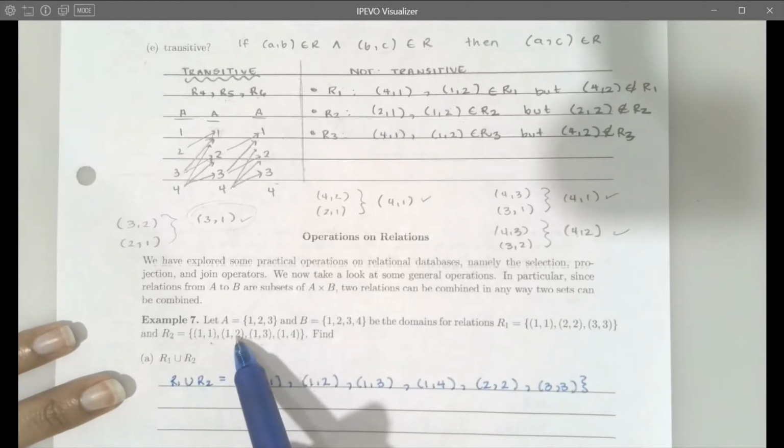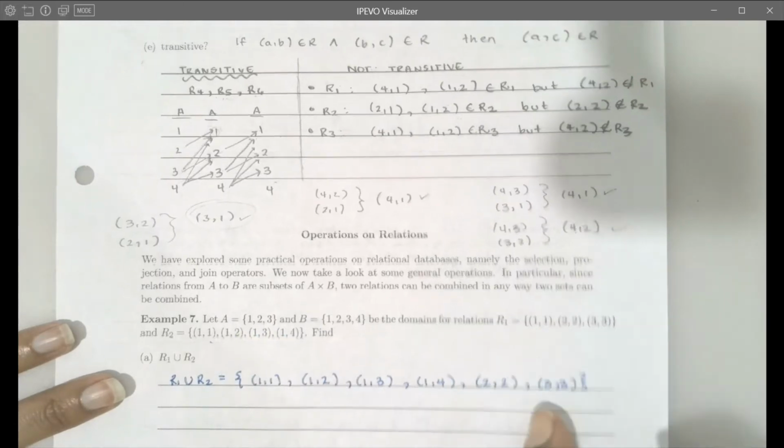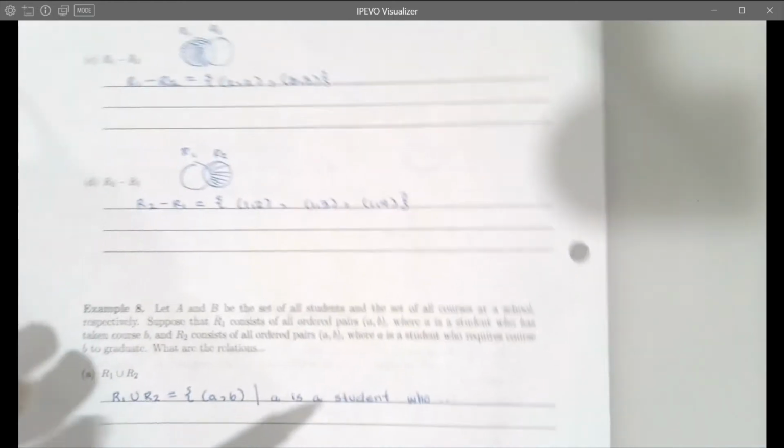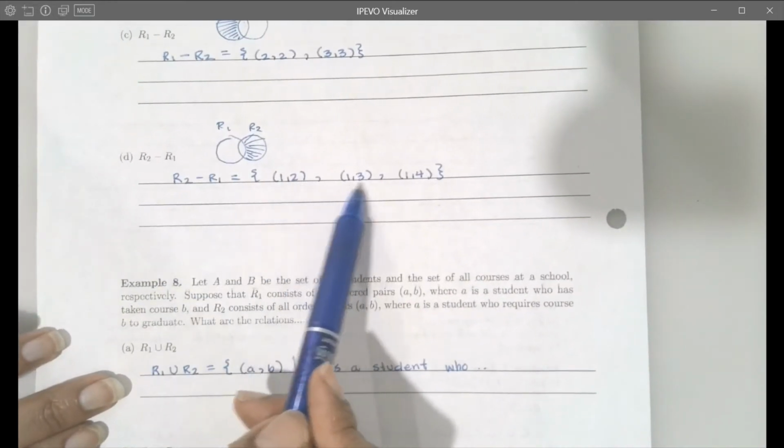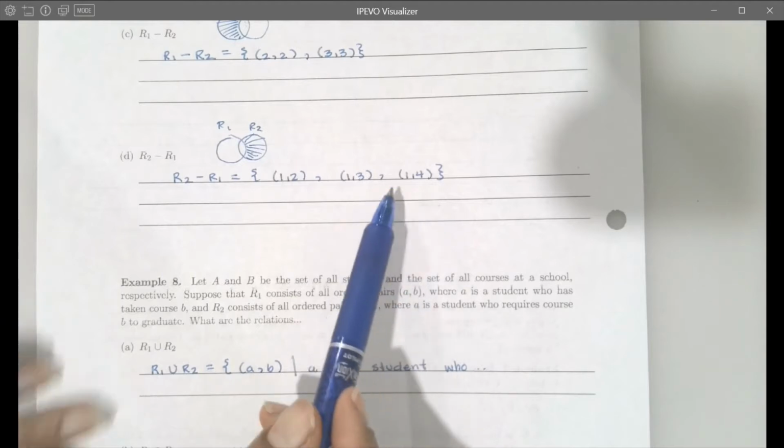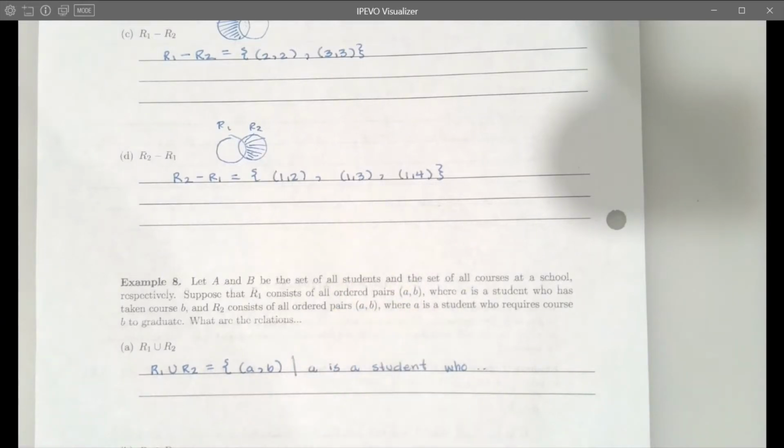Then we would have (1,2), (1,3), (1,4), all of which are not part of R1. So the only ones in the difference R2 minus R1 are (1,2), (1,3), and (1,4). It works exactly the same way as for sets, except that now instead of having elements that are a single value or maybe a single letter, we have ordered pairs or potentially n-tuples.